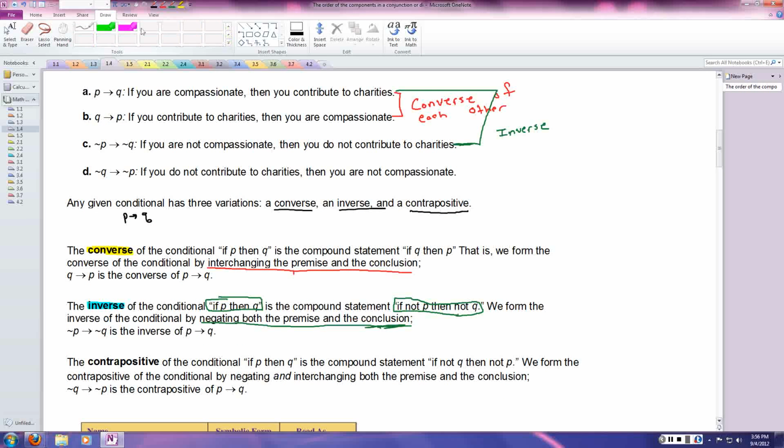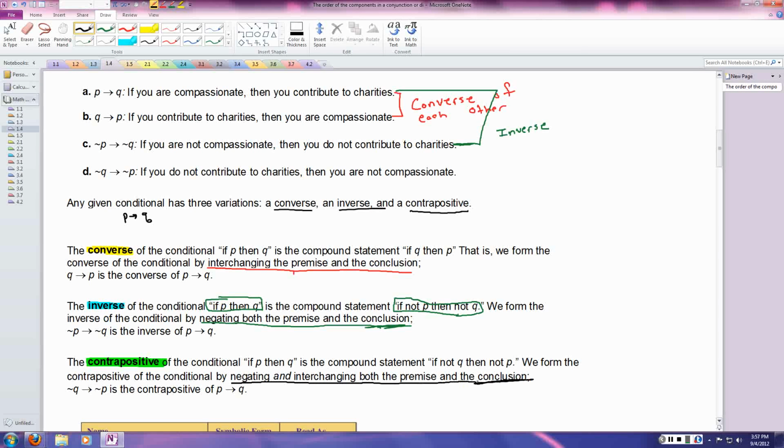In the contrapositive, you're going to negate and interchange both the premise and the conclusion.